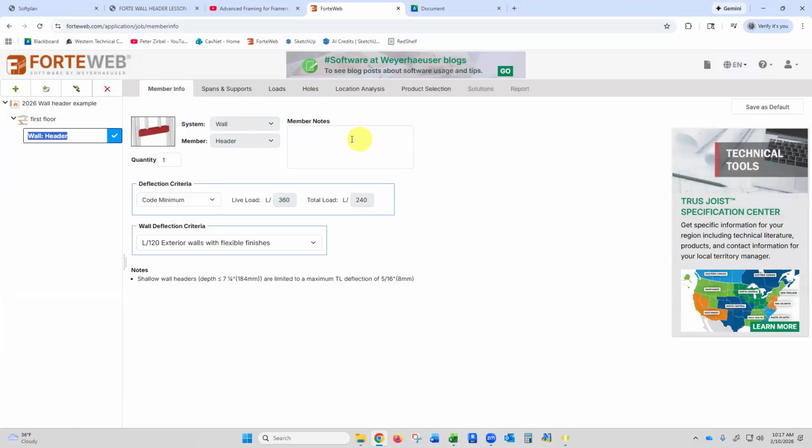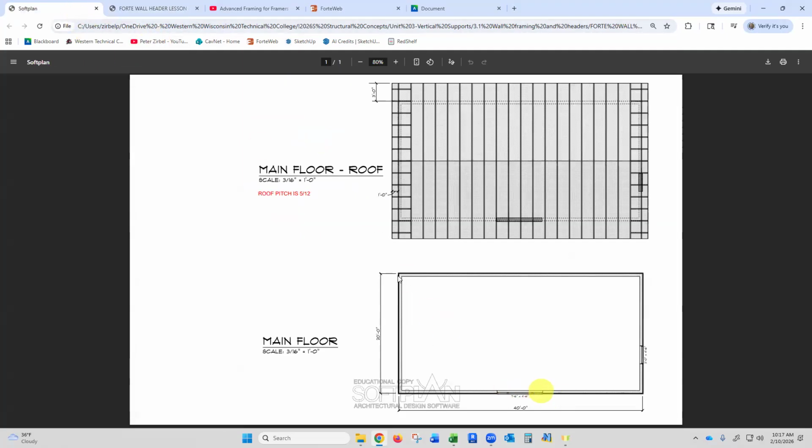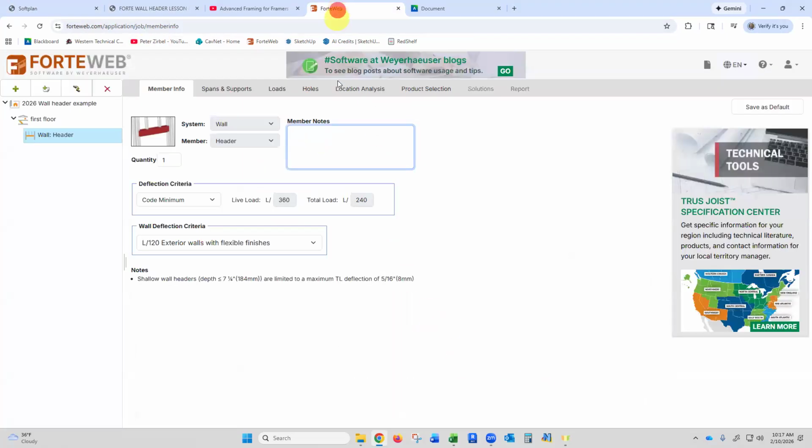And under member notes, we're going to type in, this is the 7'6" one at the sidewall. So we're going to type in 7 feet dash 6 inches header at side wall. Now I'm going to switch back to all caps.